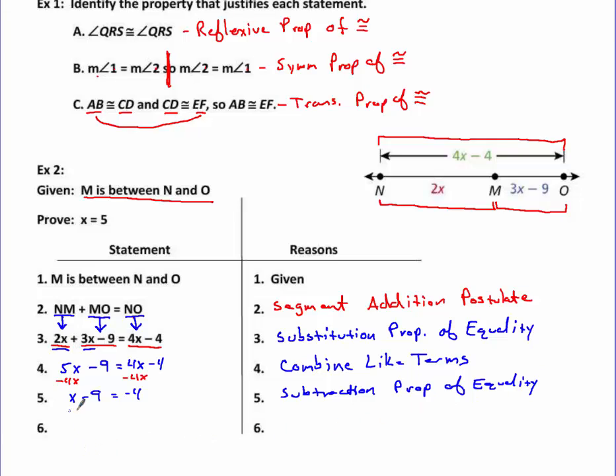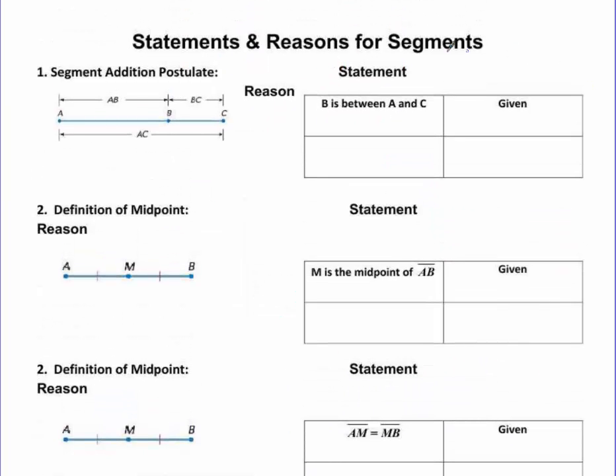And the last step is I'm going to add 9 to both sides. So I'm going to finish up with x equals 5. Still my answer, so I put a box around it. And by adding 9 to both sides, I was using the addition property of equality.